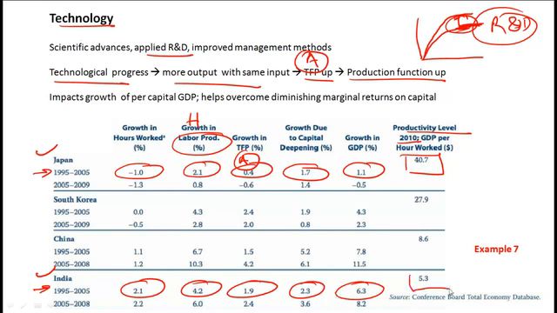The productivity level, however, is still only 5.3. So for every hour that a worker worked on average in India, the output was only $5.3. So what explains this huge disparity between Japan and India?